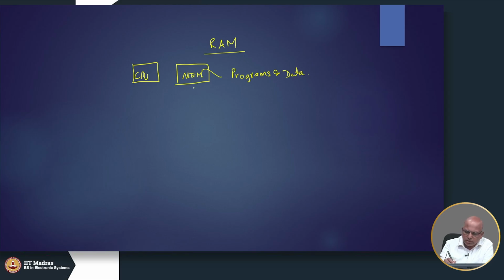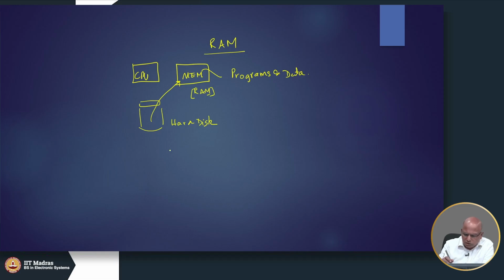So, this is where RAMs are used, because you will have to load the program which may be sitting in a hard disk into the memory, because the CPU cannot afford to read the program from hard disk, it is too slow.